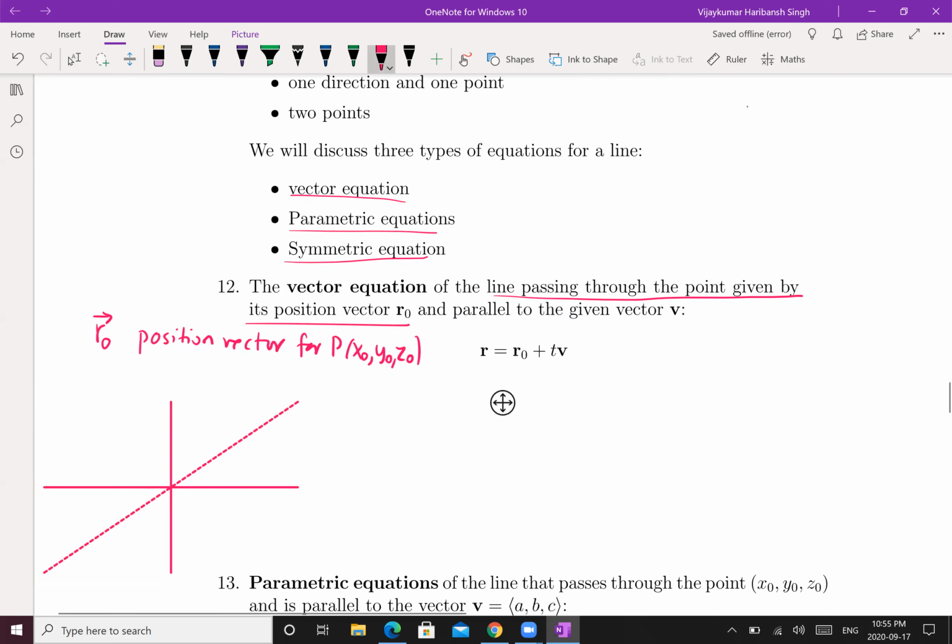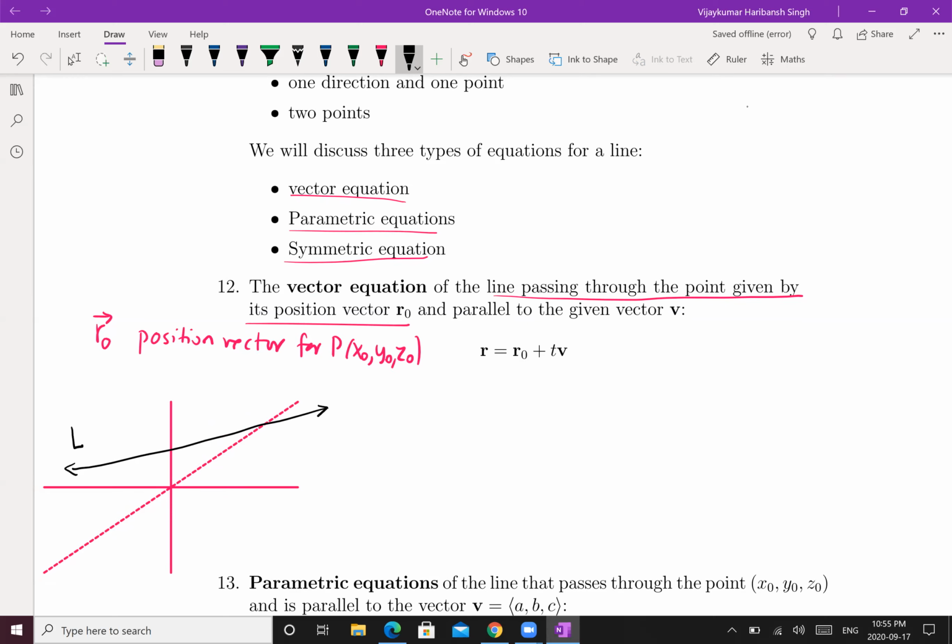Suppose we have a line like that, and this is your line L. You're given 1 point on it.